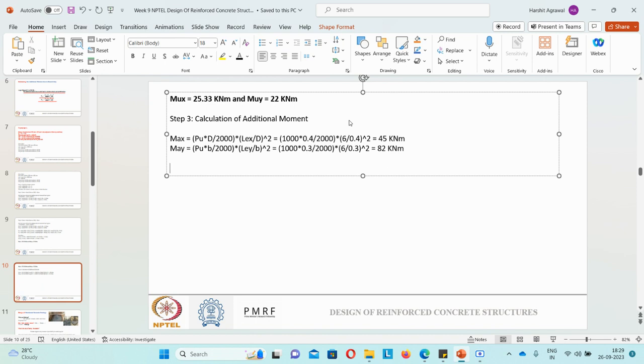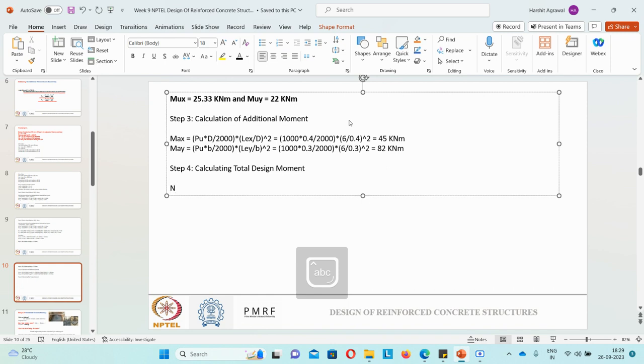Now, once we know the additional moment due to slenderness and the external moment that is acting, we can calculate the total design moment. So my step 4 is calculating the total design moment.